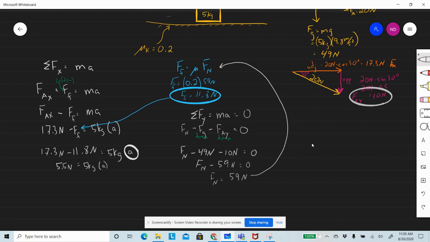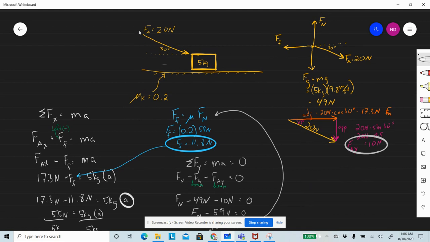So divide both sides by 5 kilograms: 5.5 divided by 5 is 1.1. So 1.1 meters per second squared equals a. We've got all of our answers here. But the key thing to recognize is you have to break this force into its horizontal x and its y components.